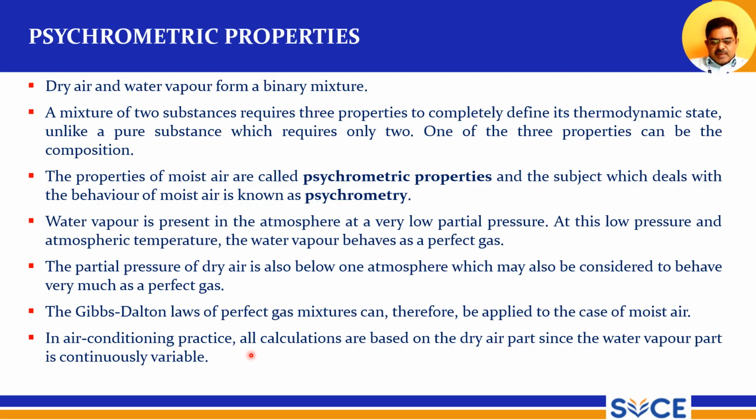In air conditioning practice, all calculations are based on the dry air part, since the water vapor part is continuously variable, it is not a constant number. So here in air conditioning, it is based on the dry air part only.